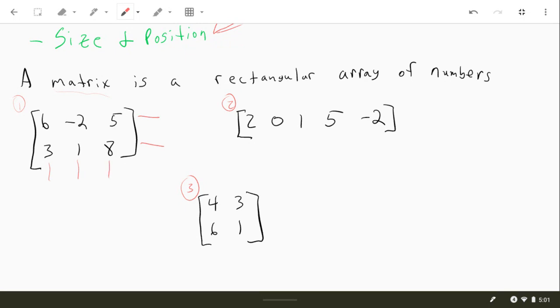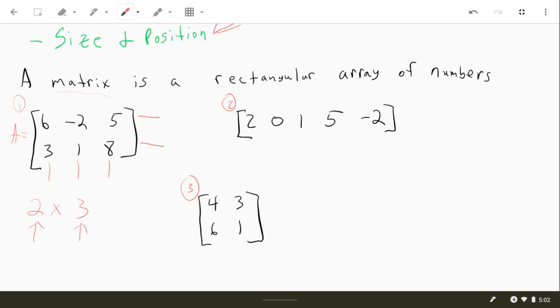So this matrix, let's call it matrix A, is a 2 by 3 matrix. That's the order of the matrix, or the size of the matrix. You might call it the dimensions. So order, size, dimension, they're all ways of describing how big the matrix is.